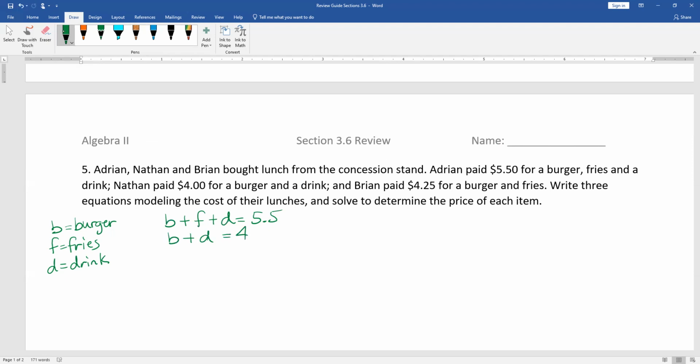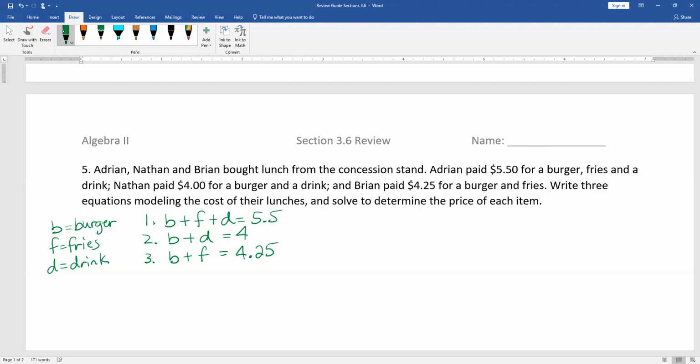And based on what Brian bought, a burger plus fries is 25 cents more, $4.25. Okay, so I'm going to do something similar to what I did in the previous problem. Let me label them 1, 2, and 3.